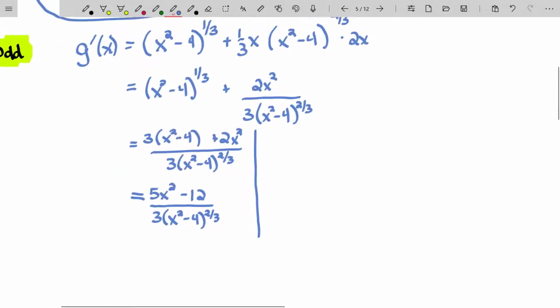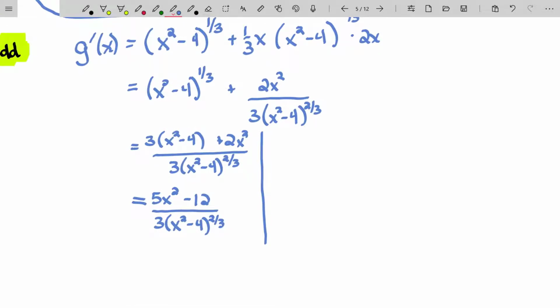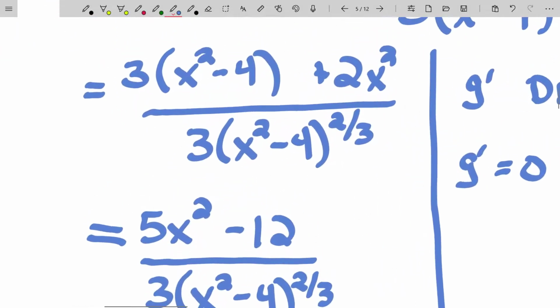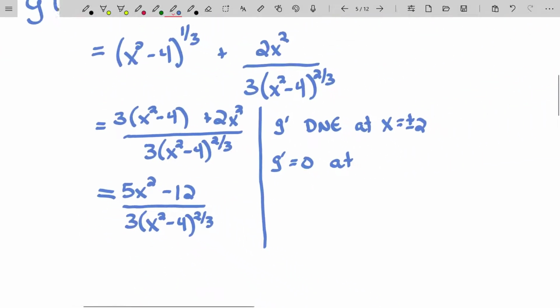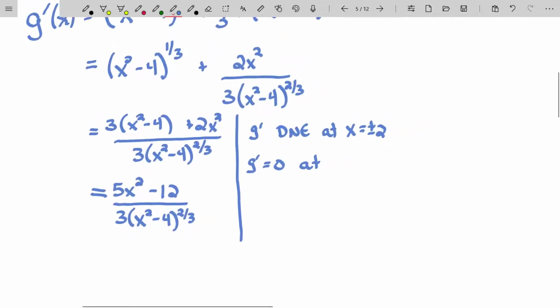That's perfectly fine. Don't try to squeeze a graph into a small space if it's not going to work. But here I know g prime does not exist at x equals plus or minus 2. I also know that g prime is equal to 0 when that numerator is equal to 0. So when x is equal to plus or minus the square root of 12 fifths.